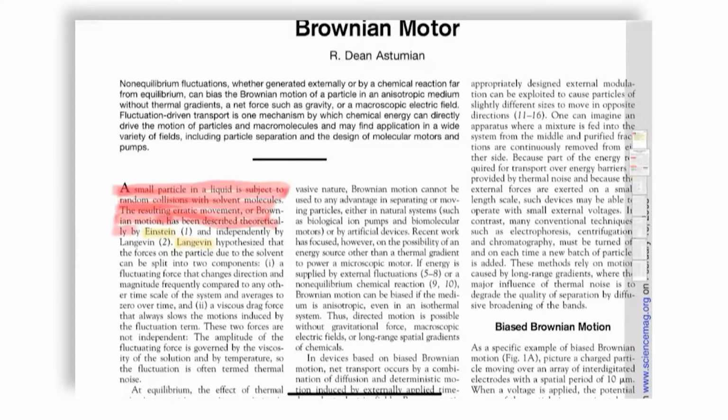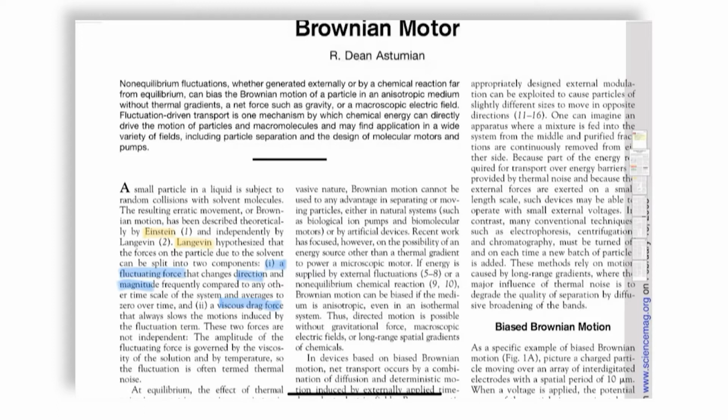And we've spent the whole first quarter of this course discussing Brownian motion, so I really don't want to elaborate on it. Suffice to say that Langevin, who also came up with the same theory at about the same time, divided the forces acting on a molecule into a fluctuating force, both in terms of its direction and magnitude, and a viscous drag force being the two primary motive forces acting on molecules.